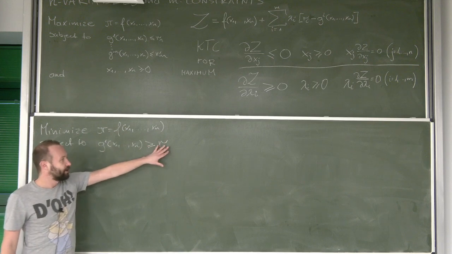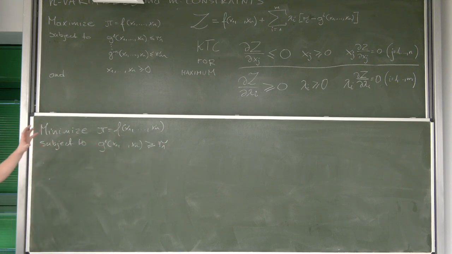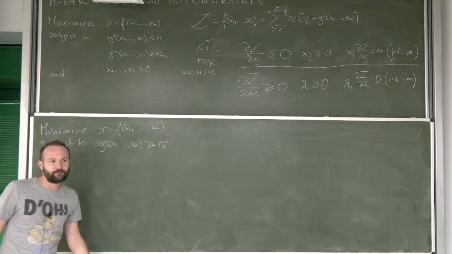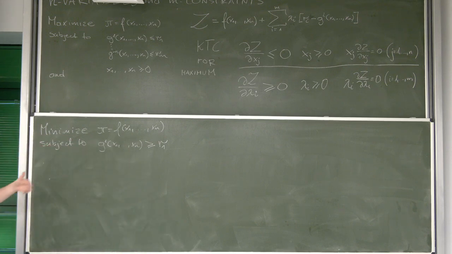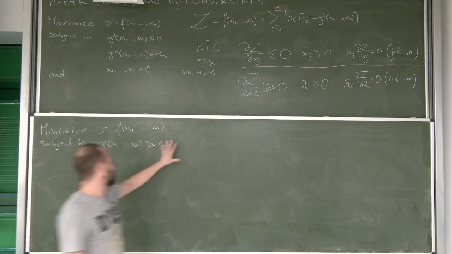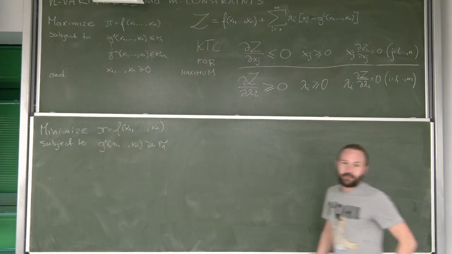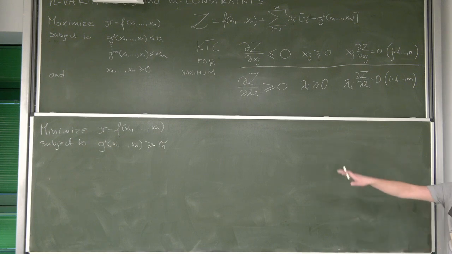Of course, look, it's never a problem with this because we can always multiply both sides of the inequality by -1, and any type of constraint can get into this form.